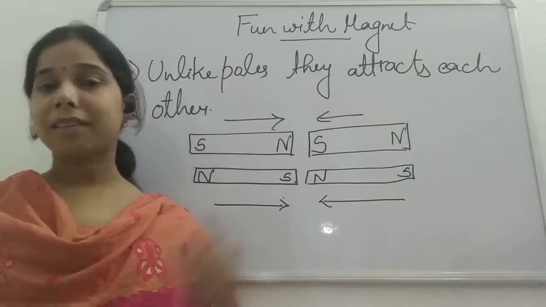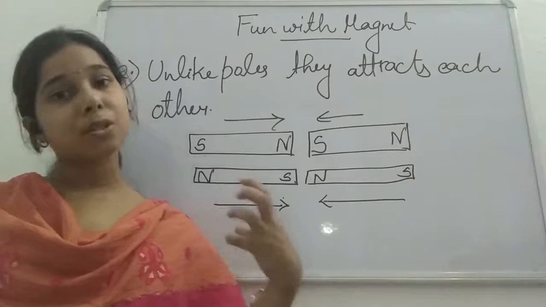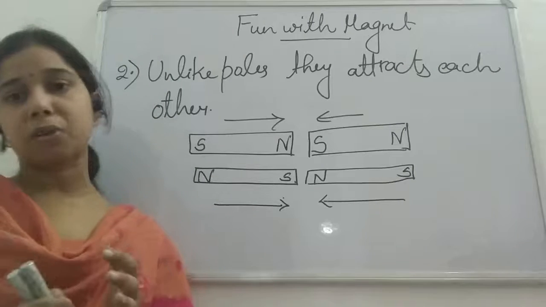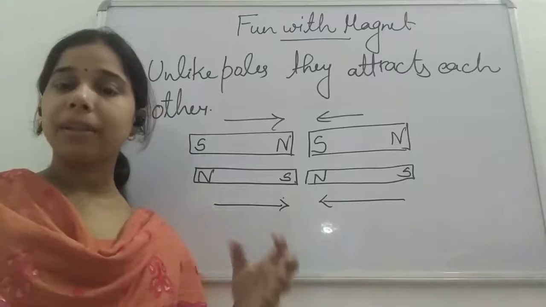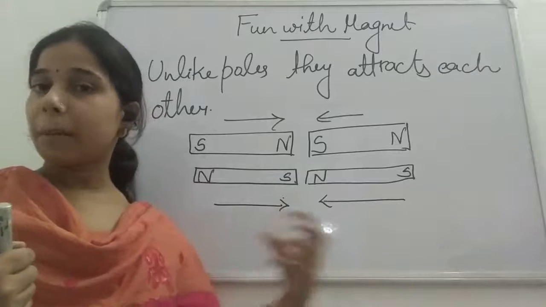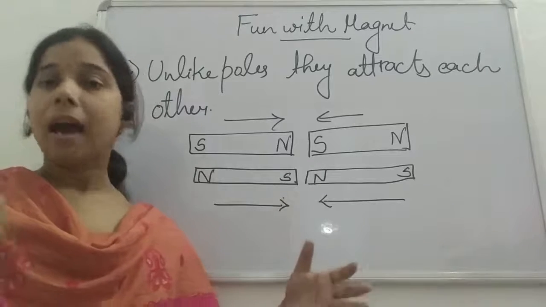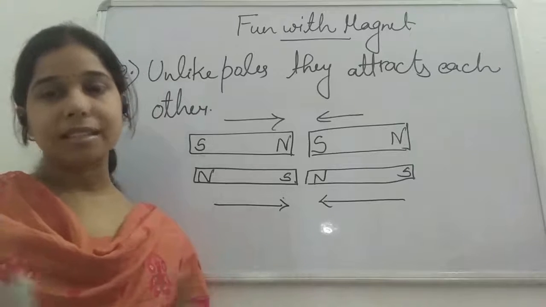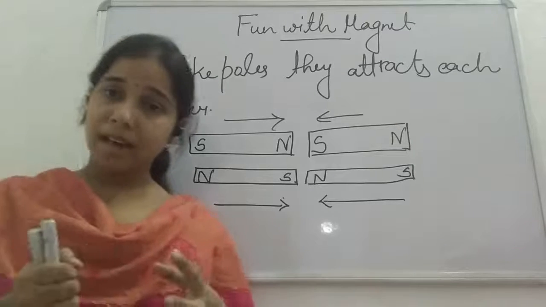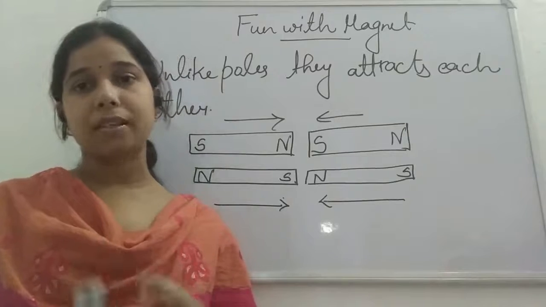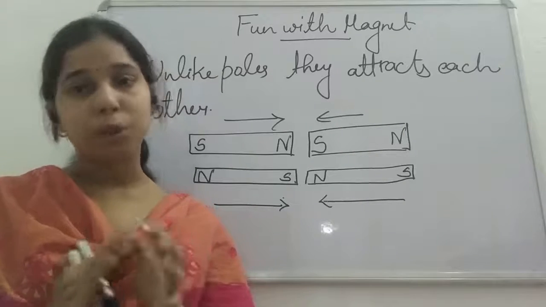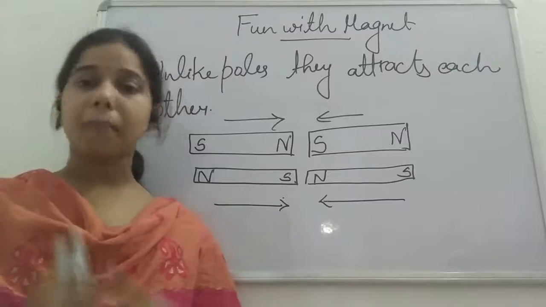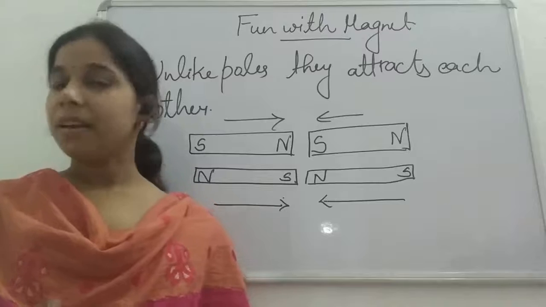It is because the magnetism is already inside the device, and when you bring a strong magnet close to the device, ultimately an attraction happens between the magnetism inside the device and the strong magnet you are keeping in front of it. Due to this effect, the device does not work properly. So we should always keep a strong magnet away from such devices.